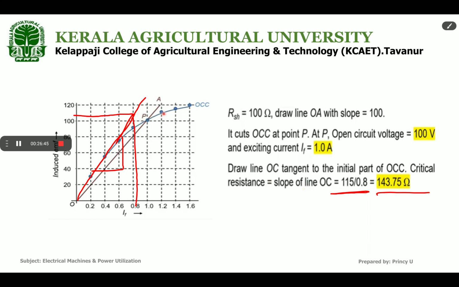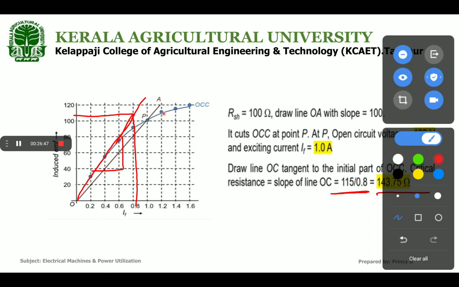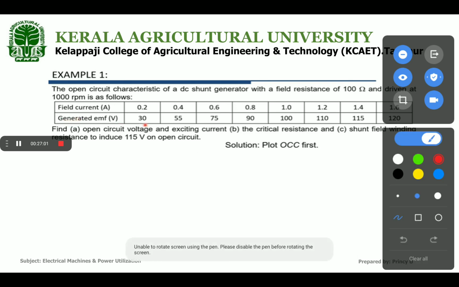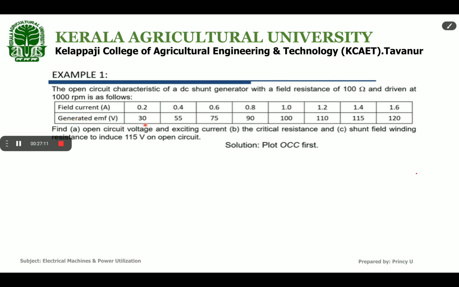then പിന്നെന്താ നമ്മളോട് കണ്ടുപിടിക്കാൻ പറഞ്ഞിട്ടുള്ളത്? You have to find out shunt field winding resistance to induce 115 volt on open circuit. So open circuit 115 volt produce ചെയ്യുന്ന shunt field winding resistance ആണ് കണ്ടുപിടിക്കുന്നത്. അപ്പോൾ OCC curve 115 volt മീറ്റ് ചെയ്യുന്നത് എവിടാന്ന് നോക്കാം. നമ്മൾ OCC curve എടുക്കാം.